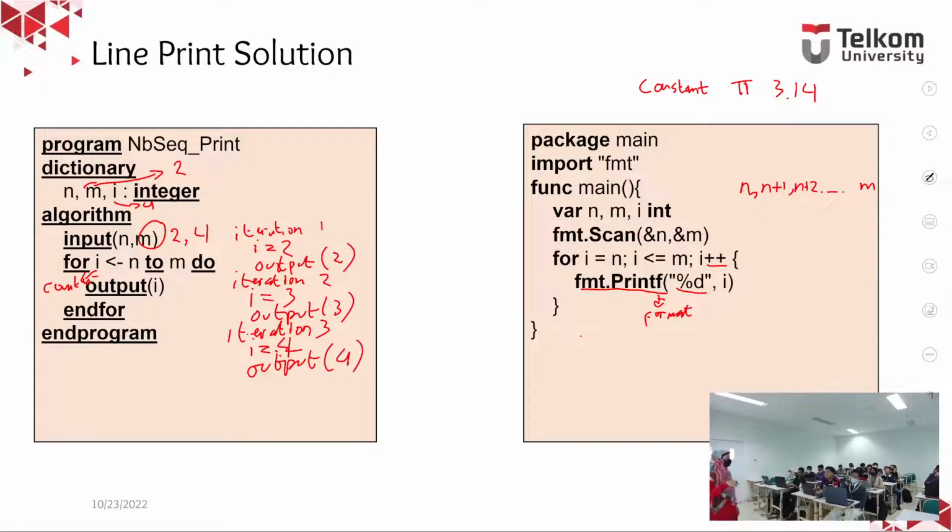I think in one of the videos I shared with you, an exercise about a character, if I'm not mistaken, I used %c, right? This is to print a character. If you want to print an integer, then you can use %d. %d means that i will be printed as an integer. Is there any question, especially about this? No? Clear, right? Okay.